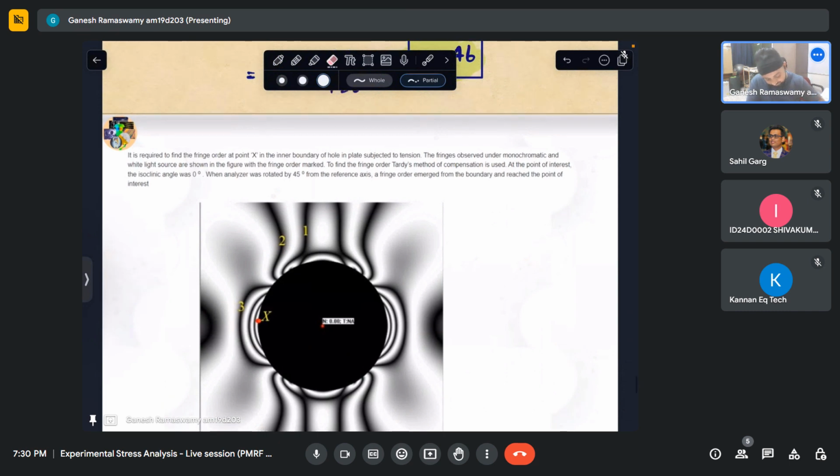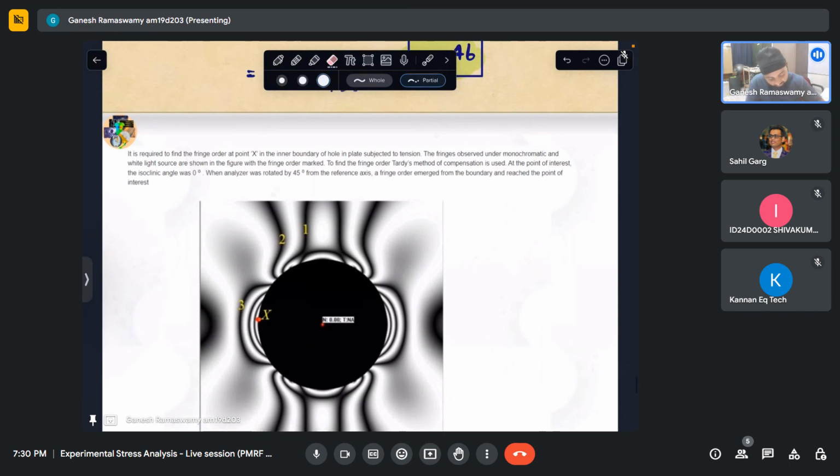Fine. To find the fringe order, Tardy's method of compensation is used. At the point of interest, the isoclinic was found to be 0. The isoclinic angle is 0 at that point. That is given. When the analyzer is rotated by 45 degrees from the reference axis, a fringe order emerged from the boundary and reached out to the point of interest.